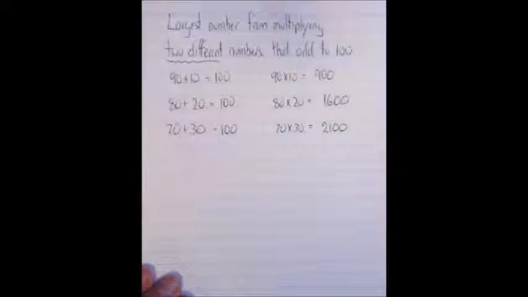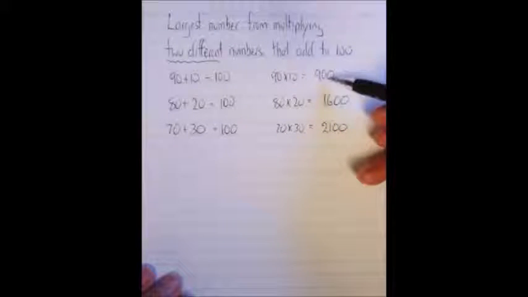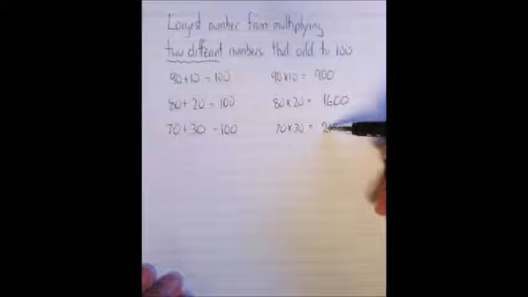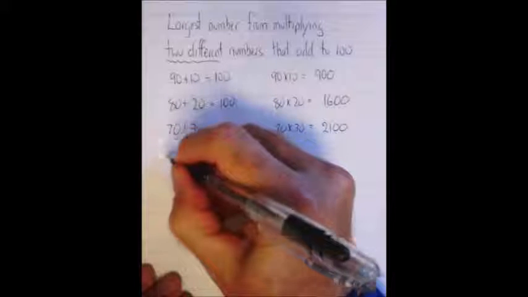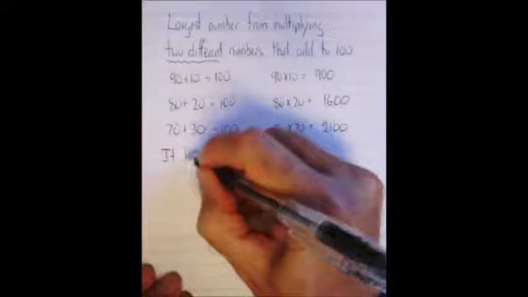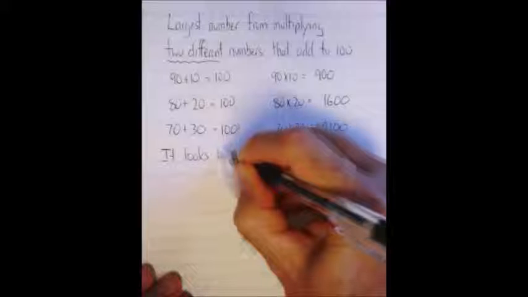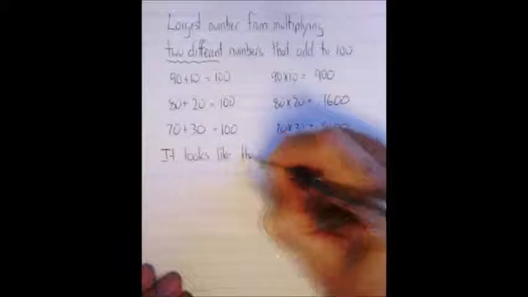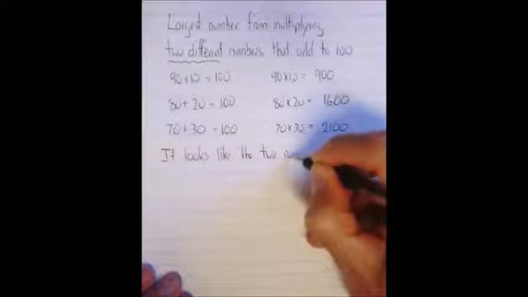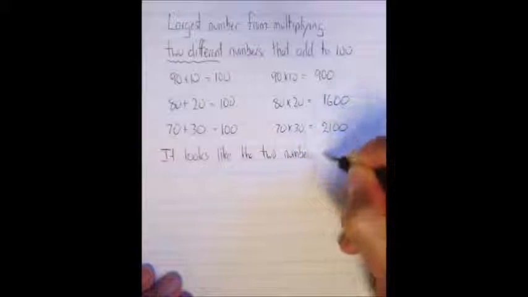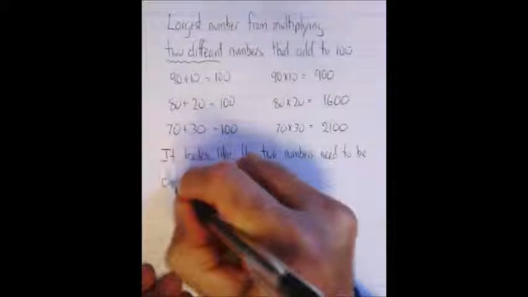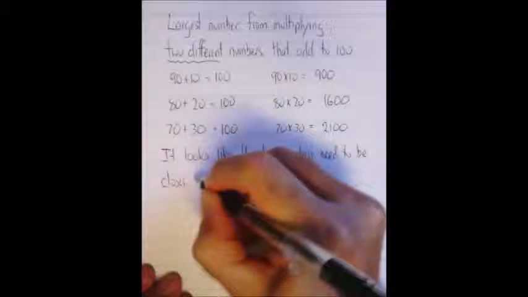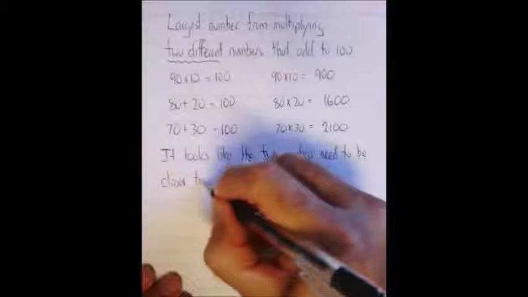2100. And it seems here, as I look, that these numbers are getting bigger, and they're getting bigger as these numbers are getting closer together. So here I might guess it looks like the two numbers need to be close together.